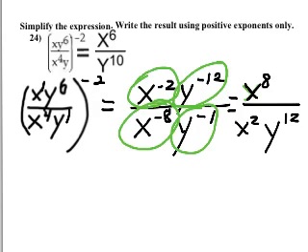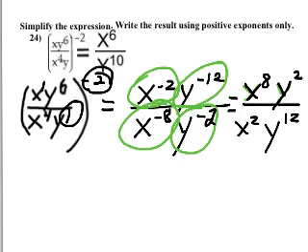Y to the negative 1 becomes just plain old y. Oh, wait a minute, that was supposed to be a 2. Pardon me, I don't know how I forgot that. That negative 2 over here times that 1 made that a negative 2. We put that in the numerator, and it's y to the 2.